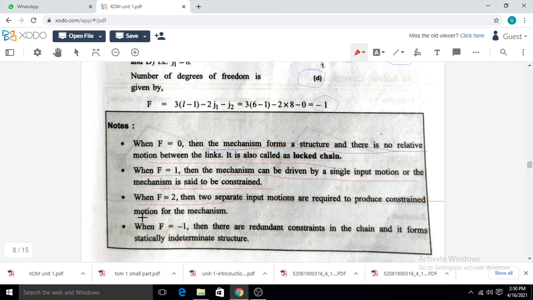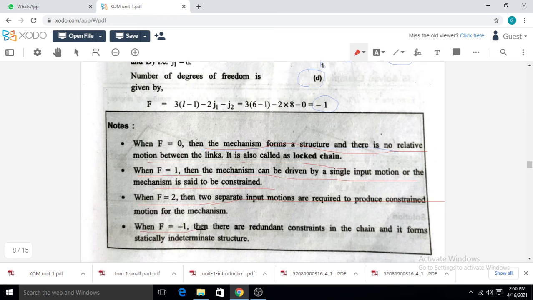Means to obtain the constrained motion, two separate inputs are required to obtain the output motion, or to make the mechanism constrained. Okay.